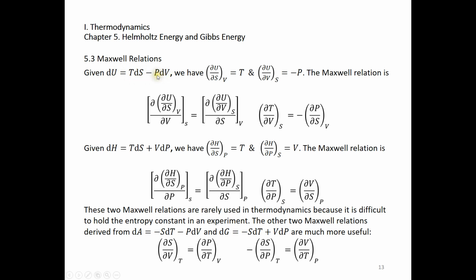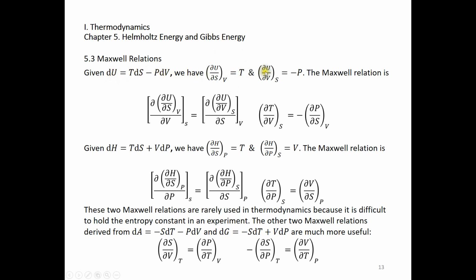Negative P is the partial of U with respect to V at constant entropy. Really, we have T in front of dS and negative P in front of dV. T is the first derivative of U with respect to S. Negative P is the first derivative of U with respect to V.